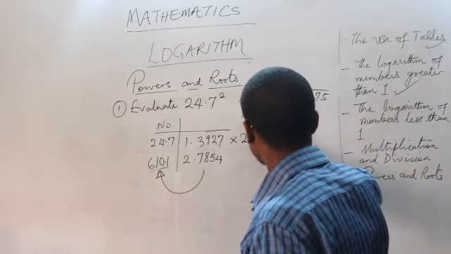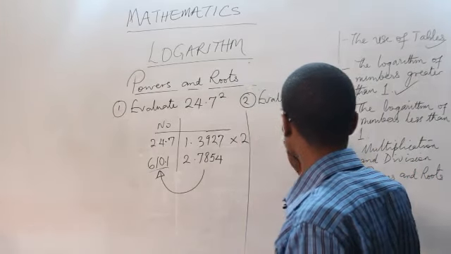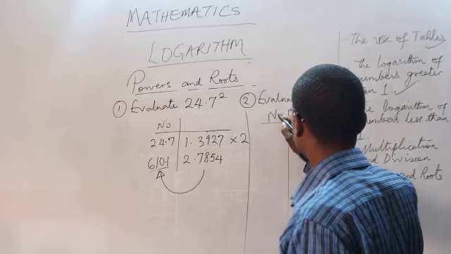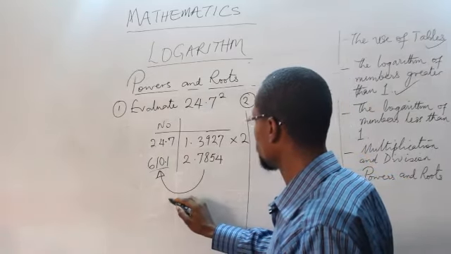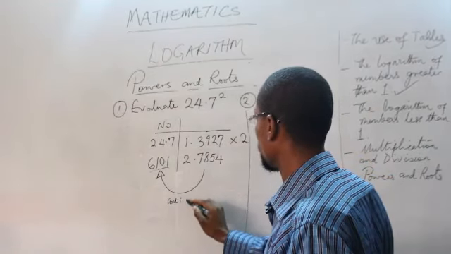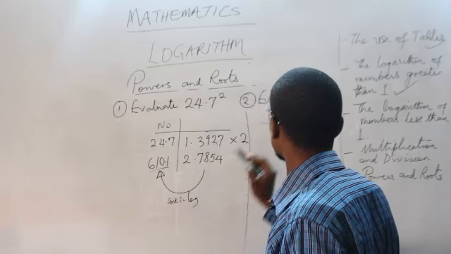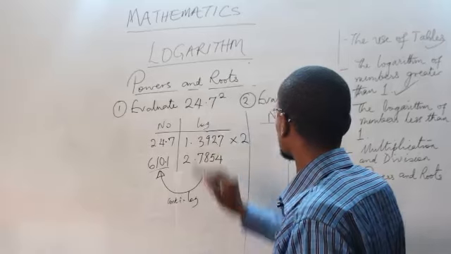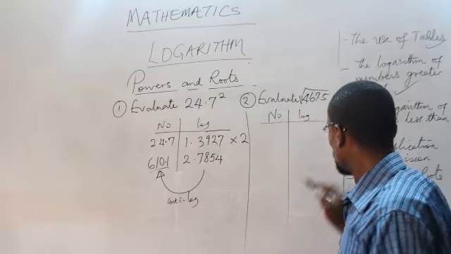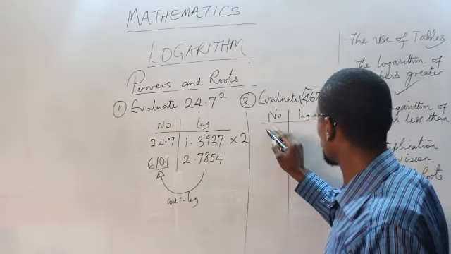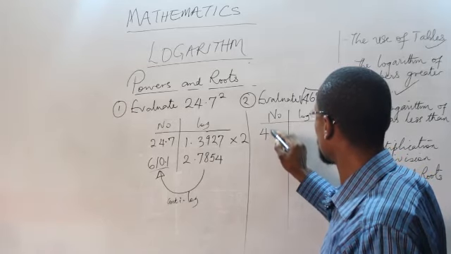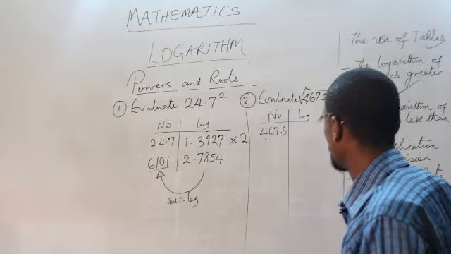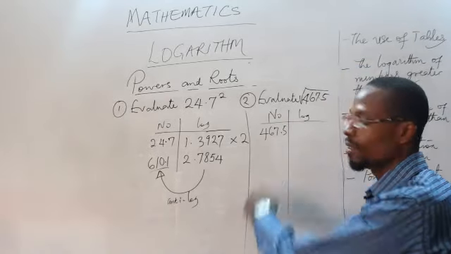Now, in the second case, what is our number? This is our antilog. Our number is 467.5. What is the characteristic?